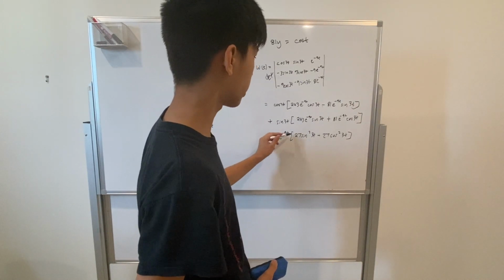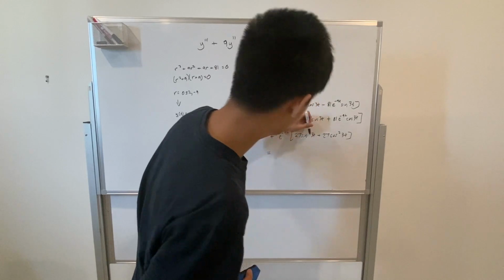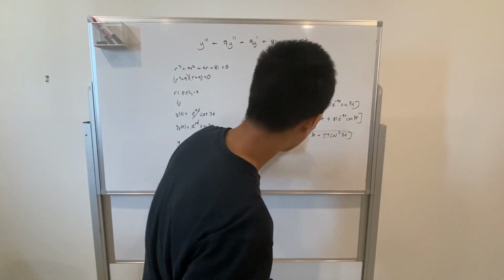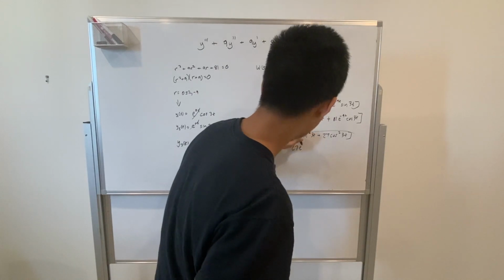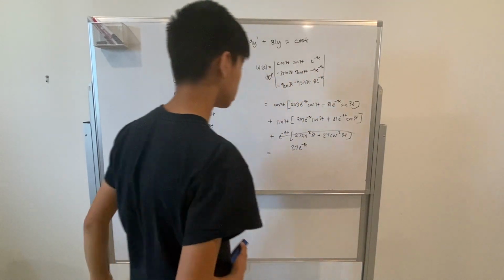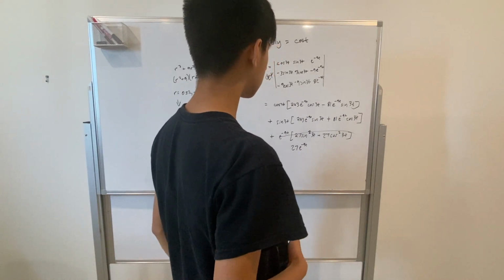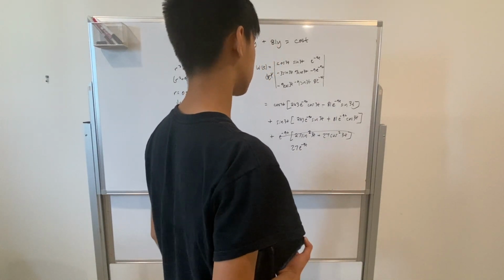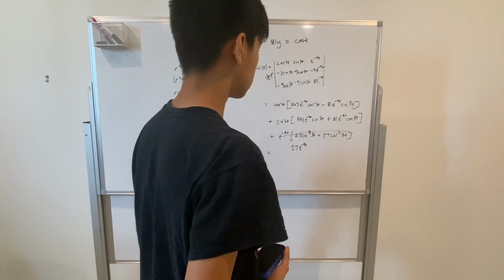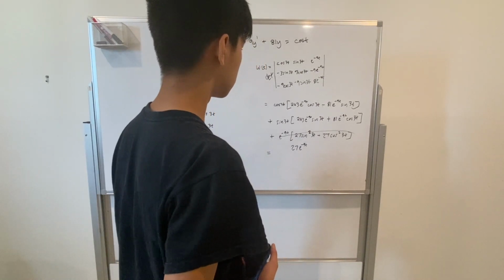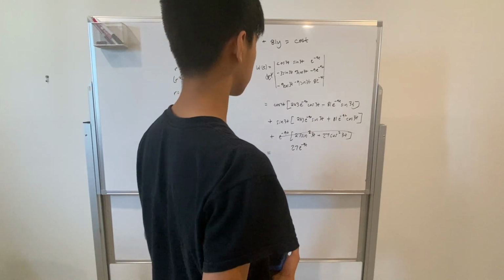We can factor, oh wait, this should be squared. So this would be 27 e to the negative 9t because of our trig identities. But overall, it's not looking too great, but we can try to figure this out.